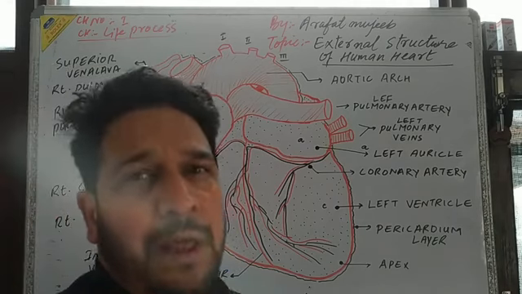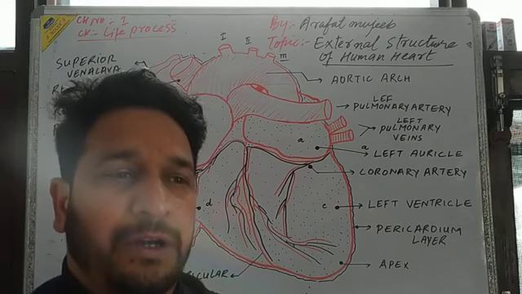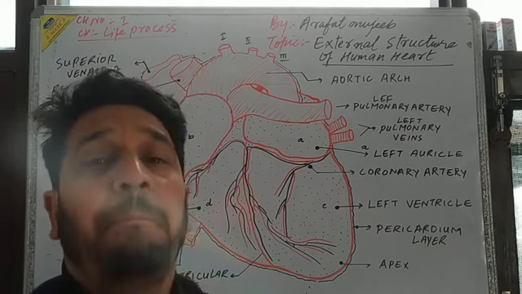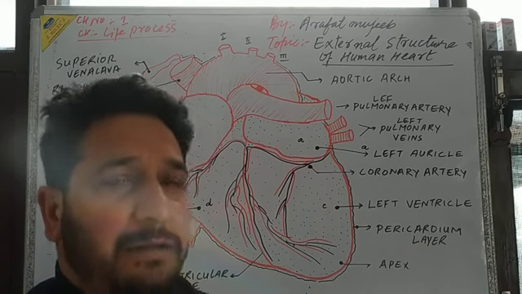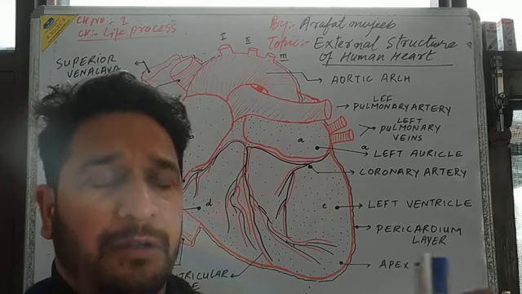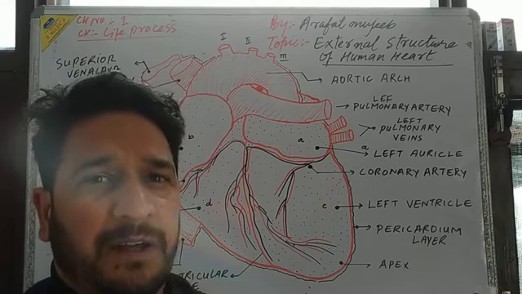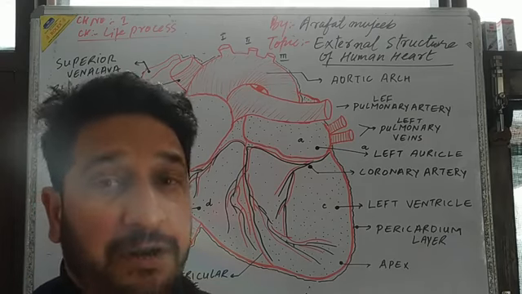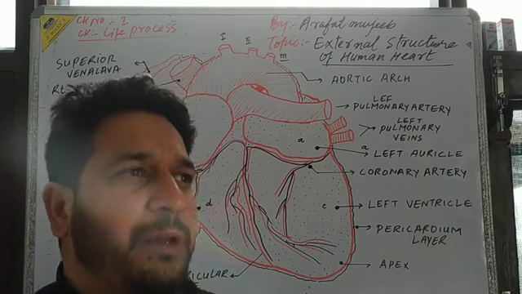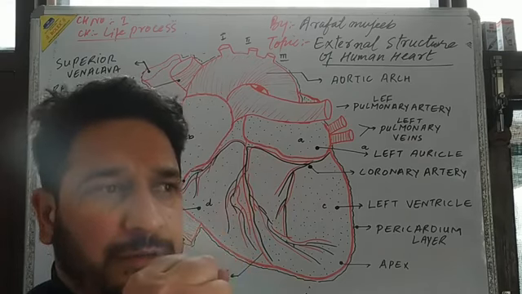The human heart is reddish brown in color and is a pumping organ. It has muscles known as cardiac muscles. These specific muscles are found in the human heart, and they show rhythmic contraction and relaxation, contraction and relaxation.